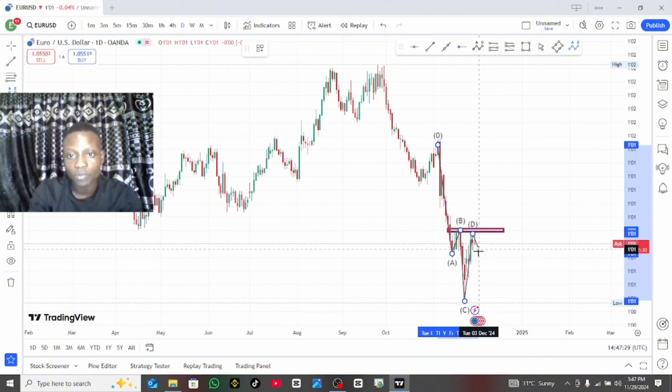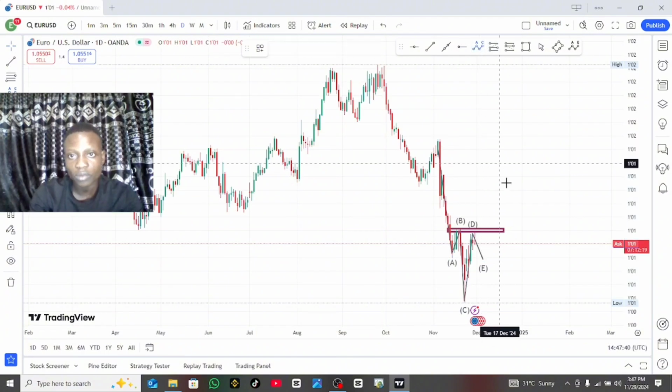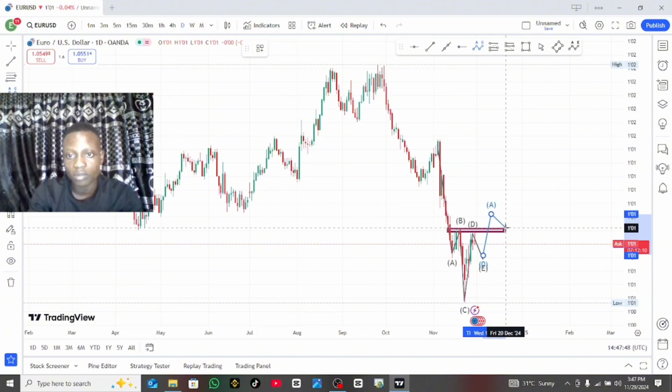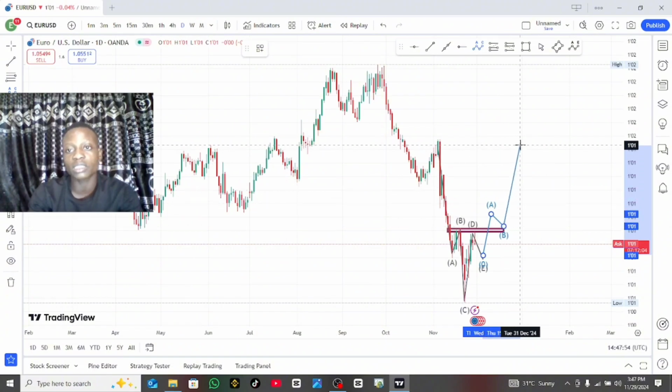So maybe it comes to this area, then if it dares to break above this resistance level, then maybe it retests the resistance level, makes it a support level, then moves to the next resistance level.